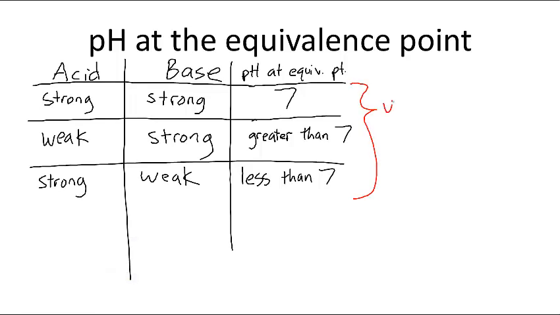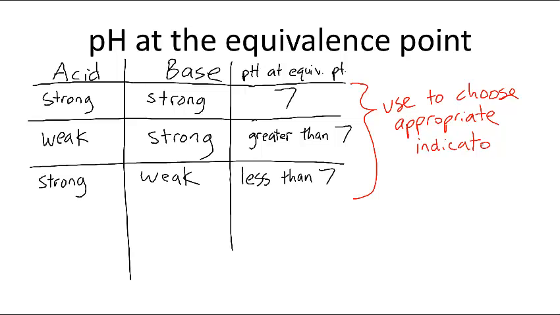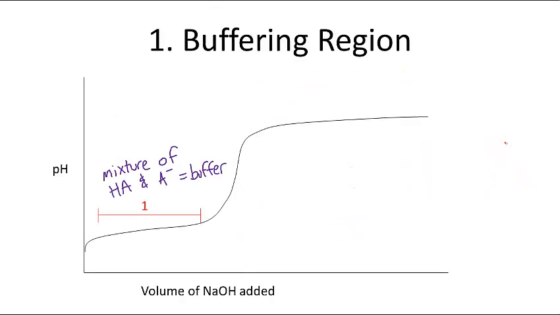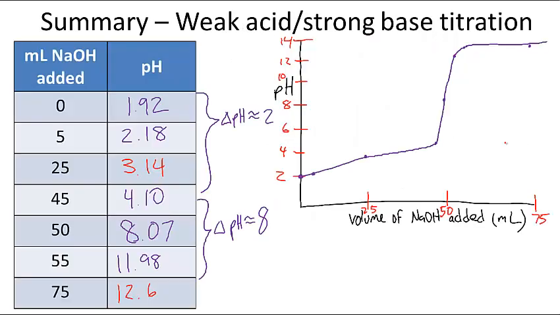So if we had chosen, for our hypothetical titration here that we graphed out, an indicator that changed color at a pH of 4, it wouldn't really show us anything, because pH 4 is right about here on our graph.